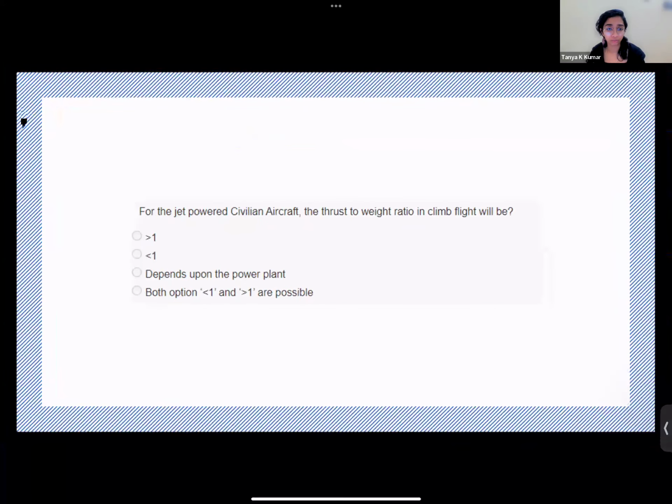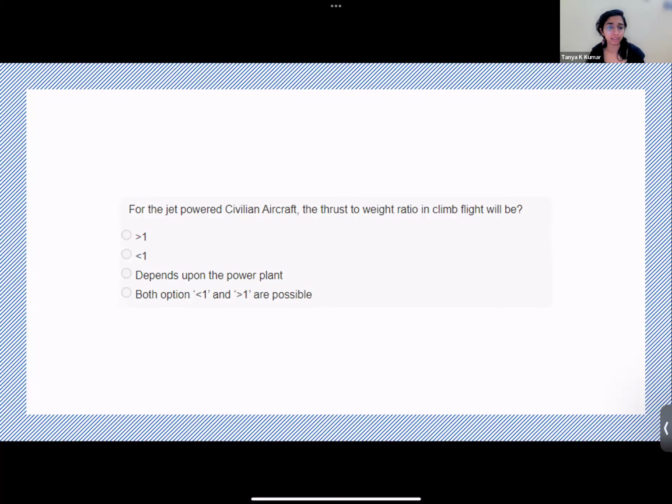Next, I think we had a similar question last week. For the jet-powered civilian aircraft, the thrust-to-weight ratio in climb flight will be. So begin with the climb equation and then try to find out. Free body diagram for climb.